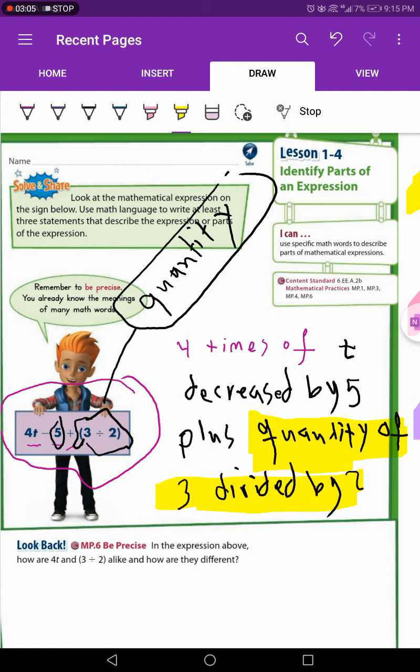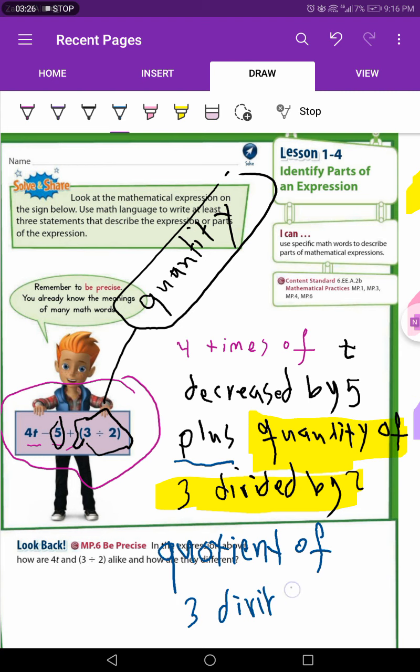We can write instead of it plus the quotient of 3 divided by 2. Both of them are correct.